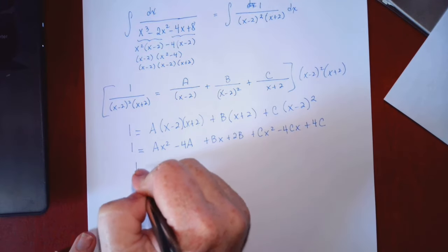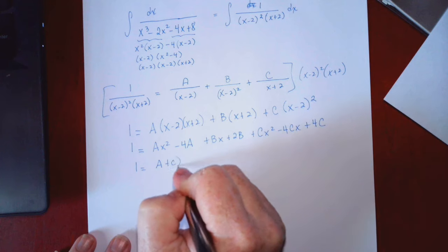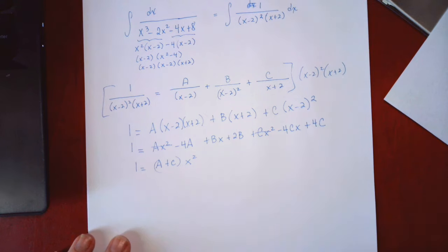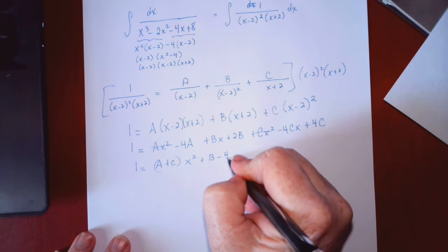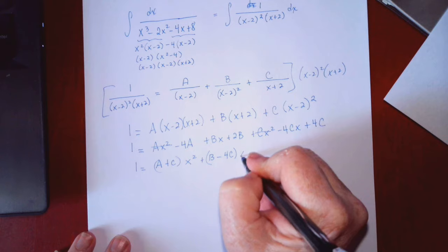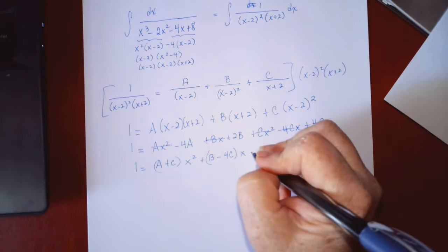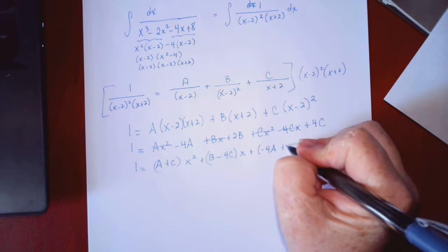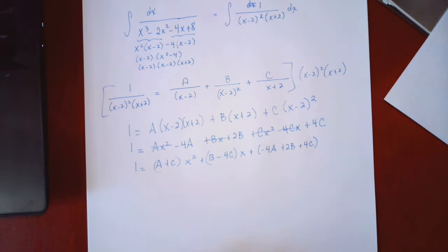And so we would have 1 is equal to a plus c times x squared. So I've got that one and that one taken care of. And then for my x's, I have b minus 4c times x. That one and that one taken care of. And then for my constant, I have negative 4a plus 2b plus 4c.